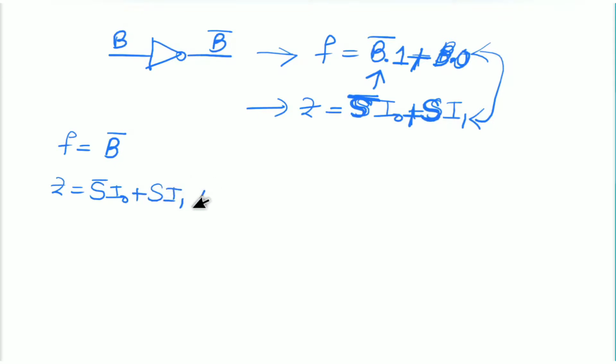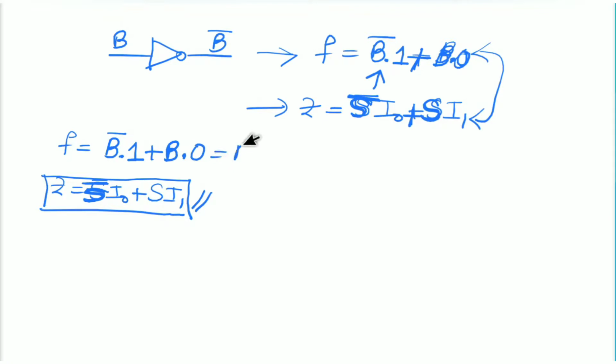Why am I choosing this? This is the expression of the output of the 2:1 multiplexer. We need to generate this B bar with the help of this 2:1 multiplexer, so this must be mapped with this particular expression. For that reason I am writing B bar dot 1 plus B dot 0.